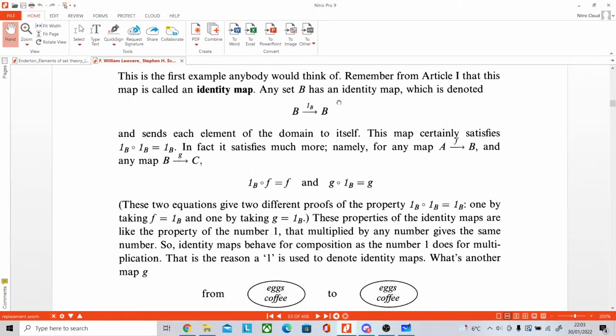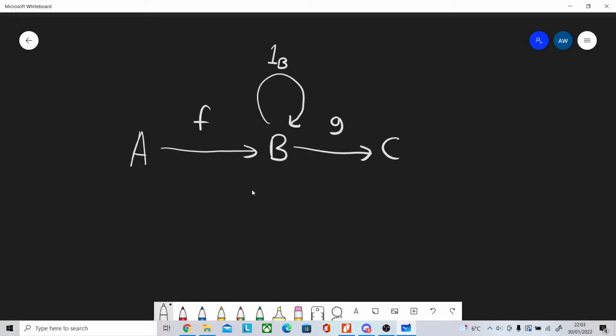So when we're composing, I hope you catch this already, it's read from right to left. We do the right thing first, then we do the left thing next. So we follow F's arrow, and then we continue with 1B's arrow. So 1B composed with F is equal to F, because we follow this path, and then we do this path.